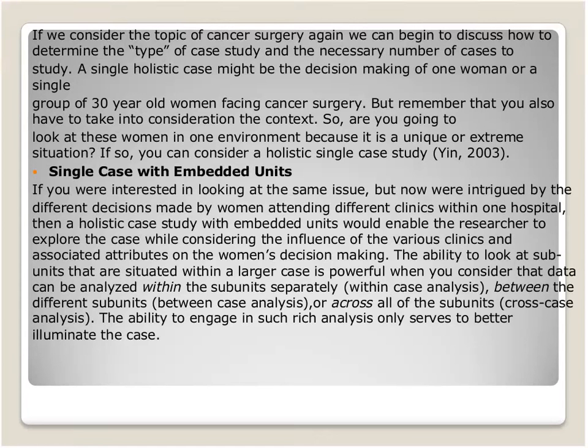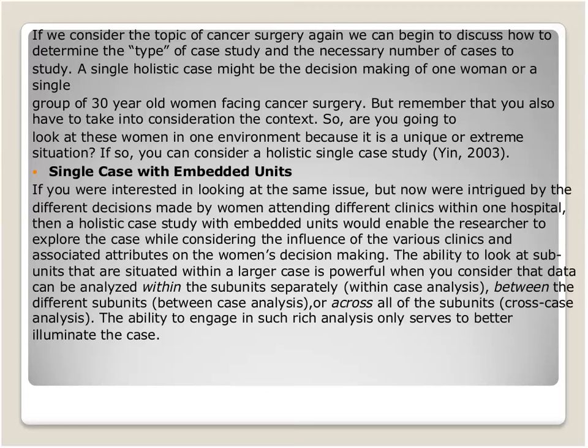All right, if you want to do the single case, for example, if we consider the topic of cancer surgery, okay, for example, your topic is to investigate cancer surgery. Again, we can begin to discuss how to determine the type of case study and the necessary number of cases to study. A single holistic case might be the decision-making of one woman.